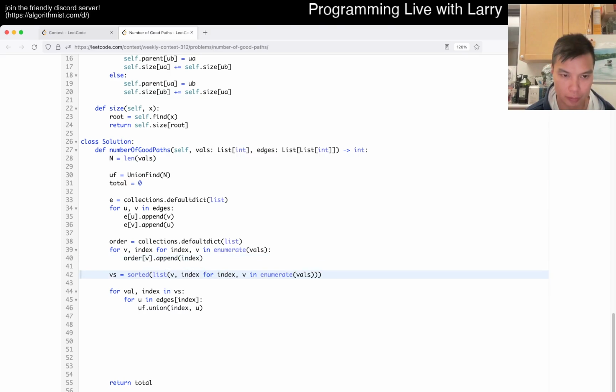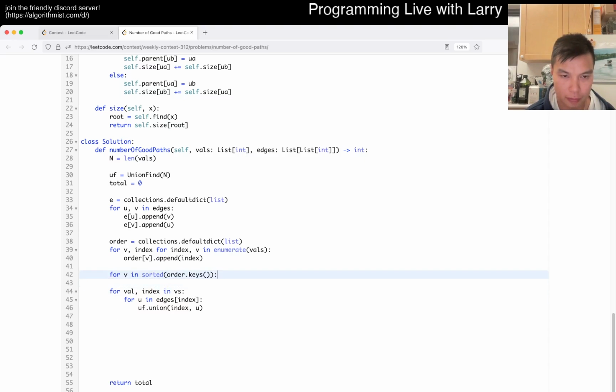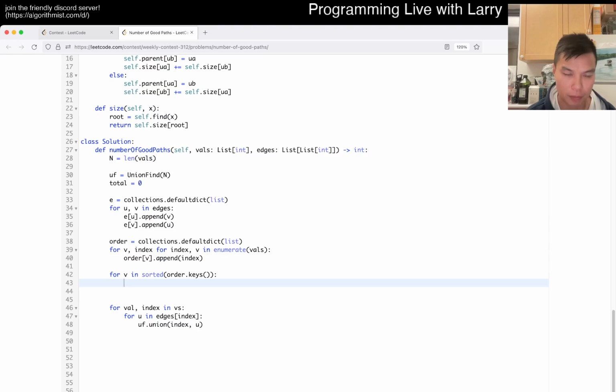Okay, right. And we have some. And now what? Okay. Yeah. Okay. I think I see it now. Maybe. We'll see. And then now sorted order keys for in. And then now we do all the union find together.